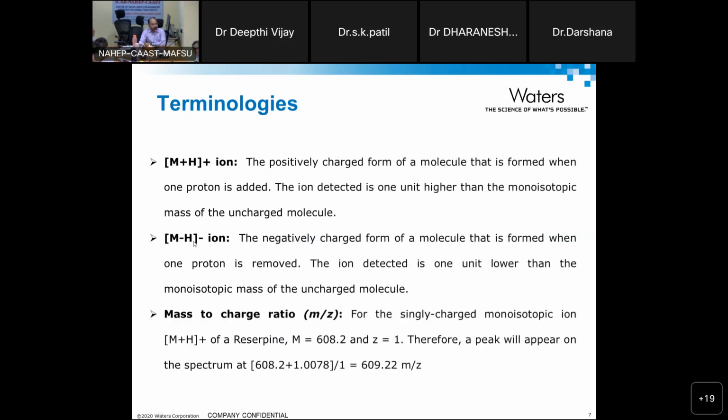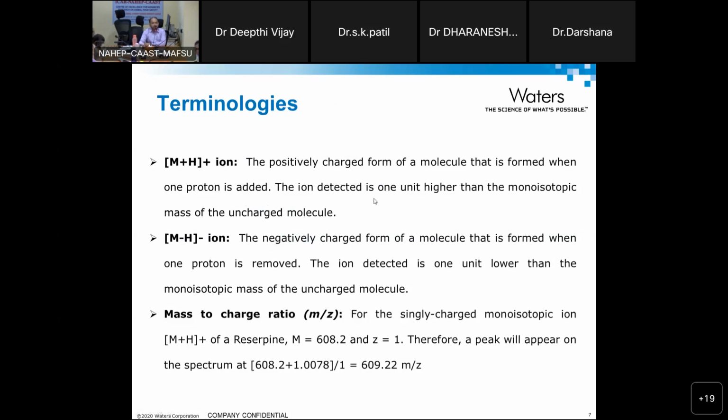Now, these are some basic terminologies which you would often come across when you will be working on the mass spectrometers. So the first is M plus H ion. Okay. So it is basically the positively charged form of a molecule that is formed when one proton, that is one hydrogen, is added.